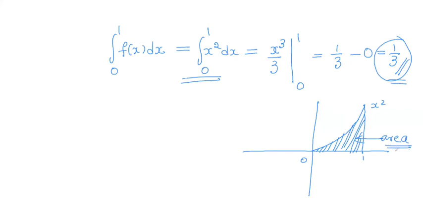So the area under the curve x square from 0 to 1 is 1 by 3 square units. Area we express in terms of square units. So we got it to be 1 by 3 square units. So any definite integral gives you the area under the curve.